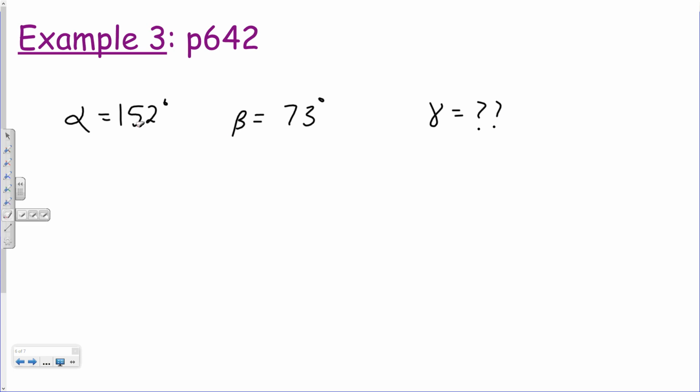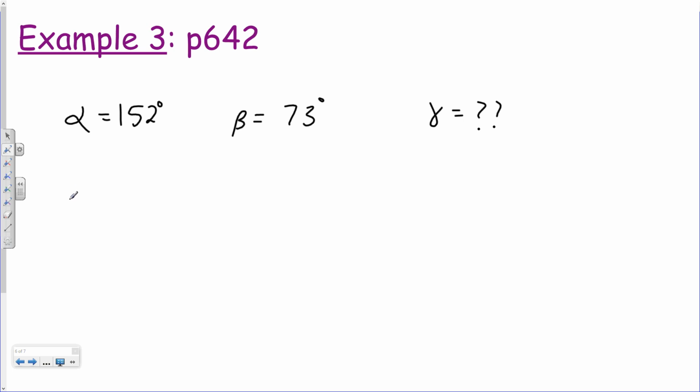And to find that, we have a Pythagorean property that we can use to help us find what gamma is equal to. I should say we can come up with 2 possibilities for gamma. Our Pythagorean property said that if I find the direction cosines, square those and add them up, I'll end up with 1.